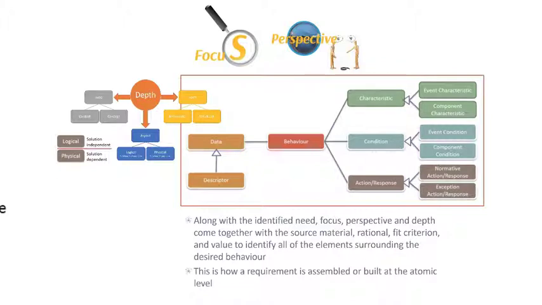So that behavior, as I mentioned, will have one or more characteristics. Those characteristics can be events or components of the behavior. The behavior will also have conditions. They will be event-based or component-based. And then the behavior has actions and responses. And those actions and responses will either be normal or exceptions.